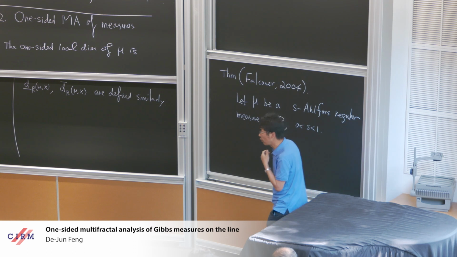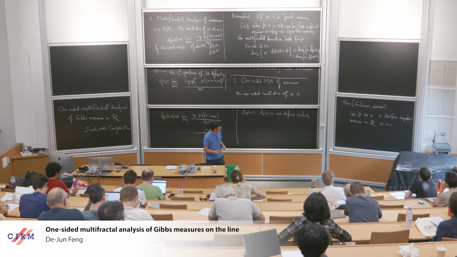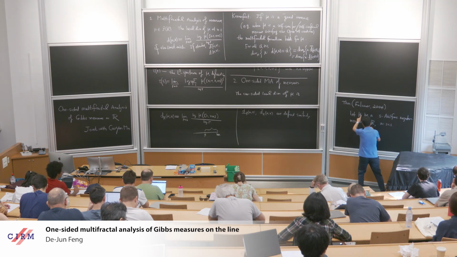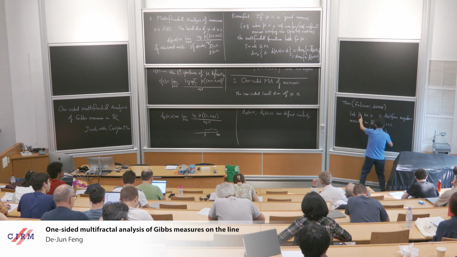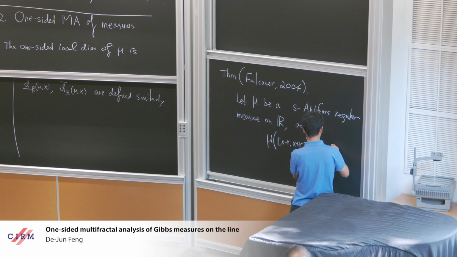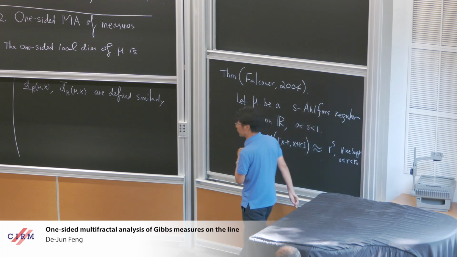That means for any point in the support of mu, the measure of the interval (x minus r, x plus r) is always bounded by a constant times r to the s power. So for any x in the support of mu, and any r less than a fixed value r0.